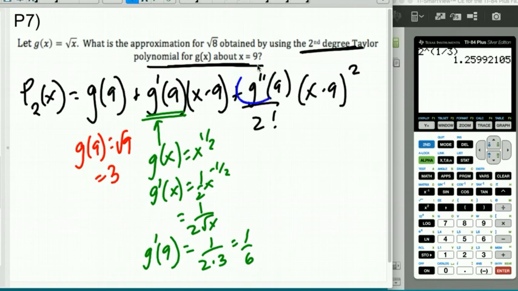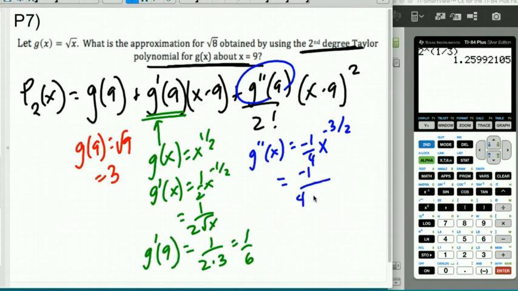G double prime, right? So g double prime is going to be what happens if I multiply this negative 1/2 down. So I get negative 1/4 x to the negative 3/2, right? So that's a negative 1 over 4. And then it's a square root of x cubed, or the slightly better option to write it if you're doing stuff in your head is the square root of x quantity cubed, right?